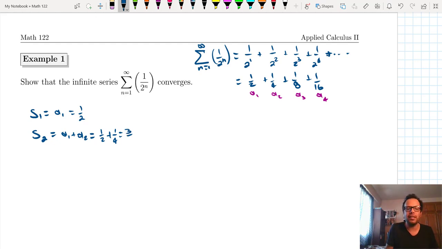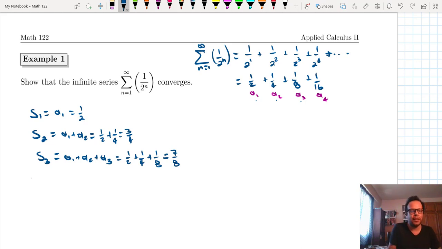I'm not going to spend time finding LCDs, I would rather go a little bit quicker on this. S3 will be the sum of the first 3 terms, a sub 1 plus a sub 2 plus a sub 3, which equals 1/2 plus 1/4 plus 1/8. If we add these numbers, we get 7/8.